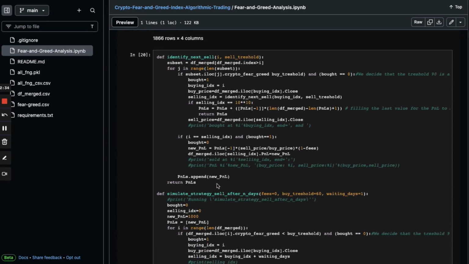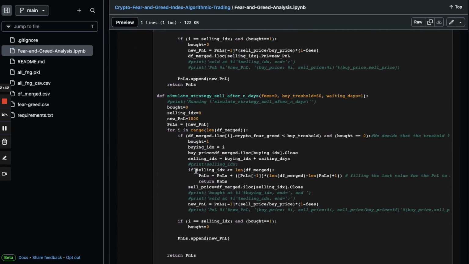When we do that, a few algorithms can be implemented, and among which I developed a basic algorithm which consists in detecting a threshold, whether we want to buy when our fear and greed index is below a threshold or above a threshold, and whether we want to sell below a threshold, after a threshold, or n days after having bought.